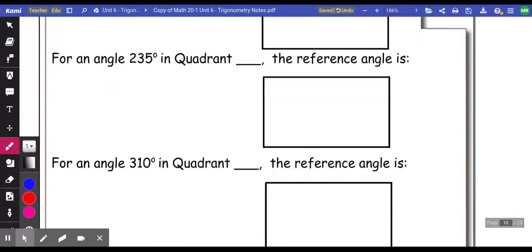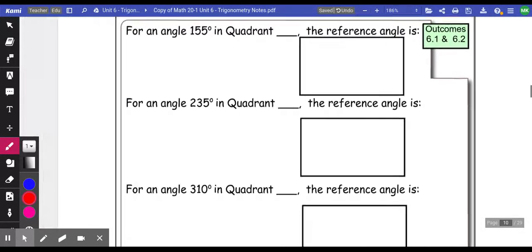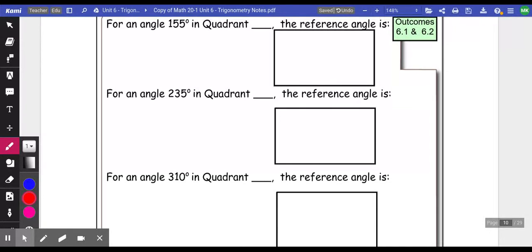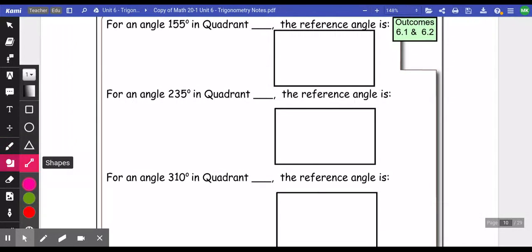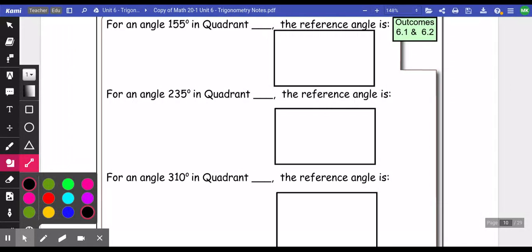We have 3 questions right here. I want you to try to draw these standard position angles and then also draw the reference angle. You're going to draw these things in these boxes. For instance, this box right here, there's my y-axis, there's my x-axis. You try to draw it in there.